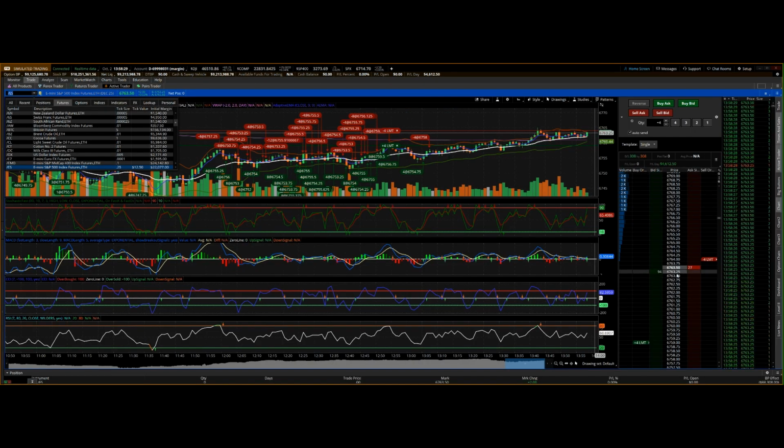So this here, these are one tick each. So on 4 contracts, one tick times 12.50 will be $50.